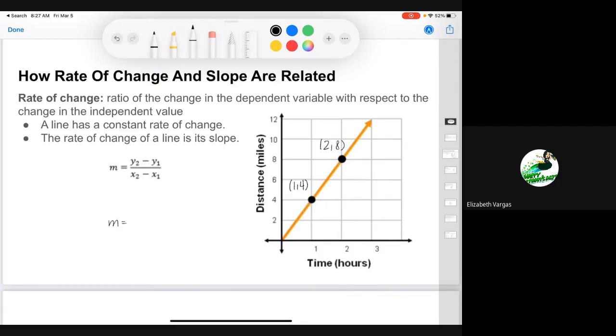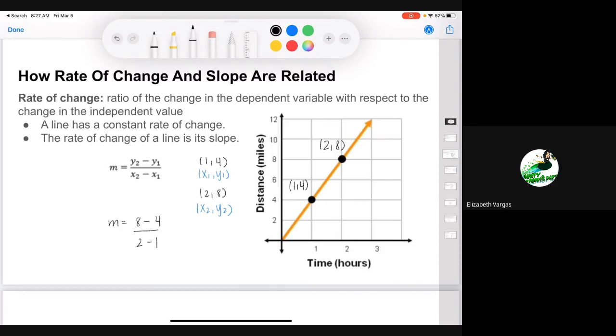I can go ahead and write here so you can see (1, 4), (2, 8). I'll say this is my x1 and my y1. This is my x2 and my y2. And so I just plug those values in. So y2 is 8, minus y1 which is 4, over x2 which is 2, minus x1 which is 1.